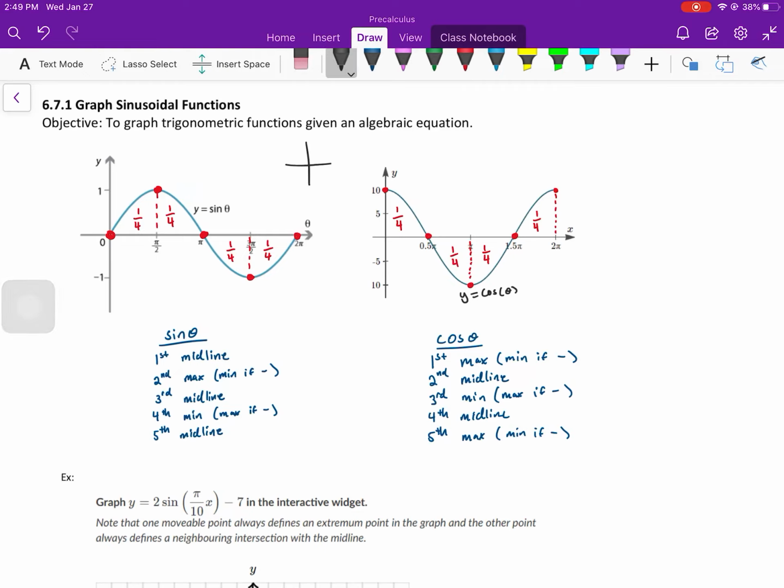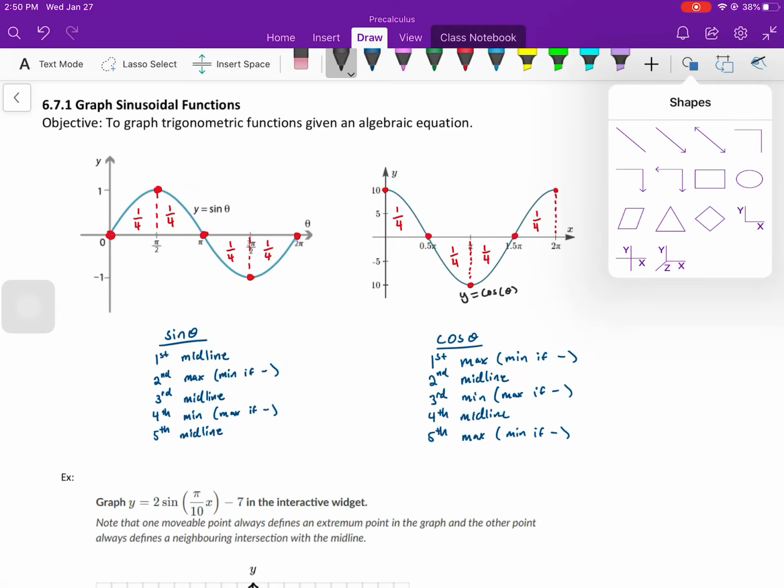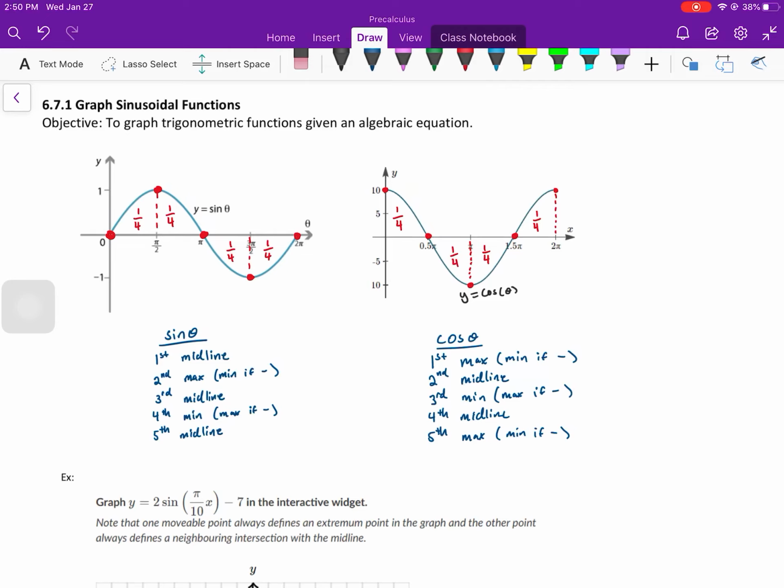I should probably just give you a better unit circle to go by. And that's what we're going by, those four main values, right?